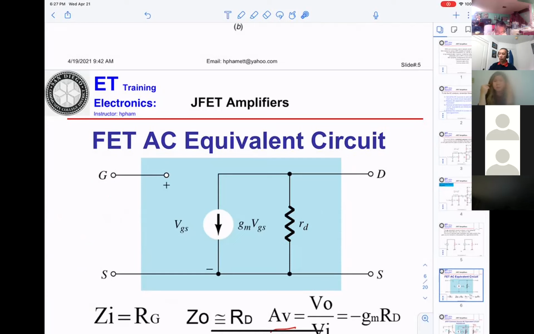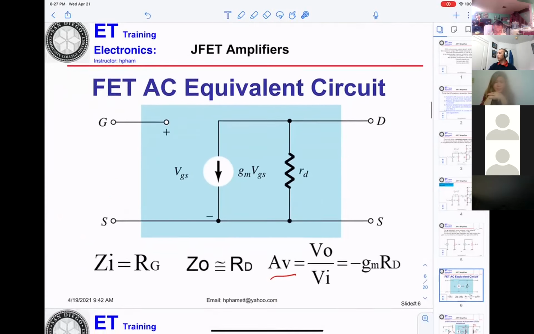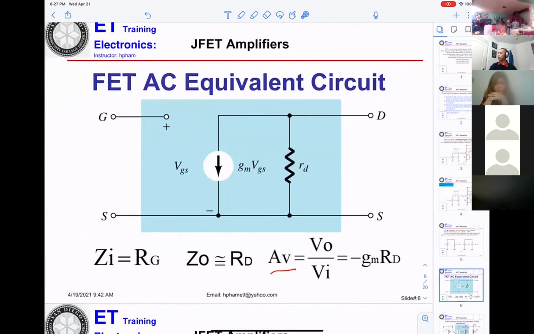Then after the calculation, they are given to you. First thing, input impedance means you're looking from here into the amplifier.